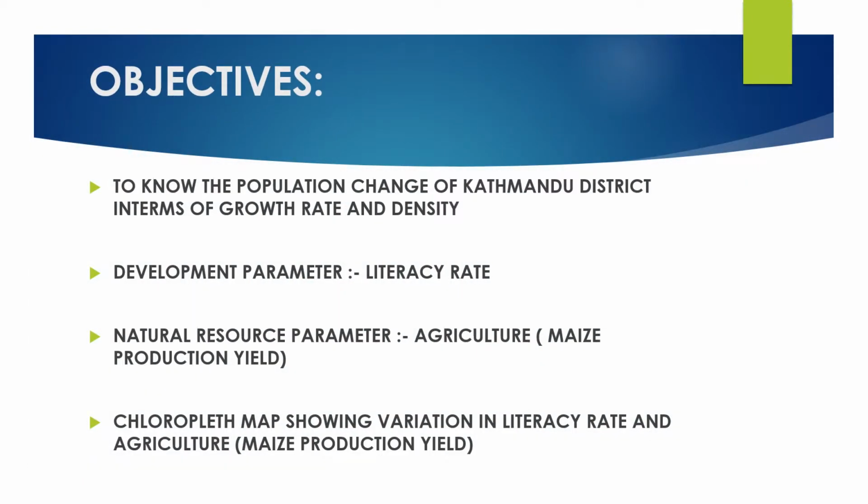The main objective of this final presentation is to know the population change of Kathmandu district in terms of growth rate and density, to measure the development parameter, that is literacy rate of Kathmandu district, to measure the natural resource parameter, that is agriculture, maize production yield, whereas the last is to show the chlorophyll map variation in literacy rate and agriculture maize production yield of Kathmandu district.